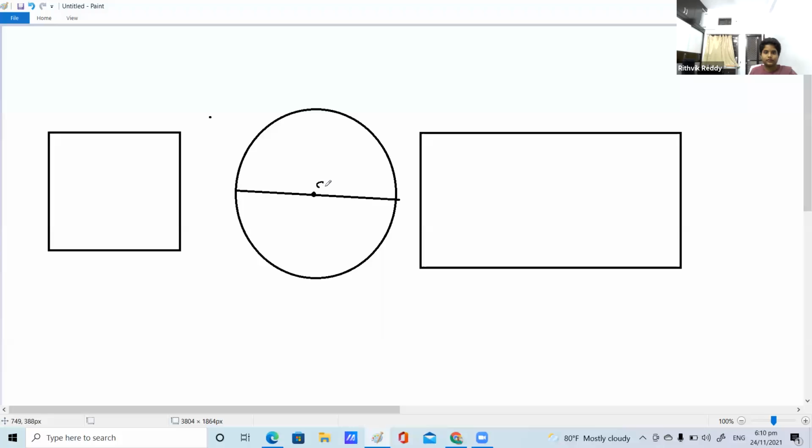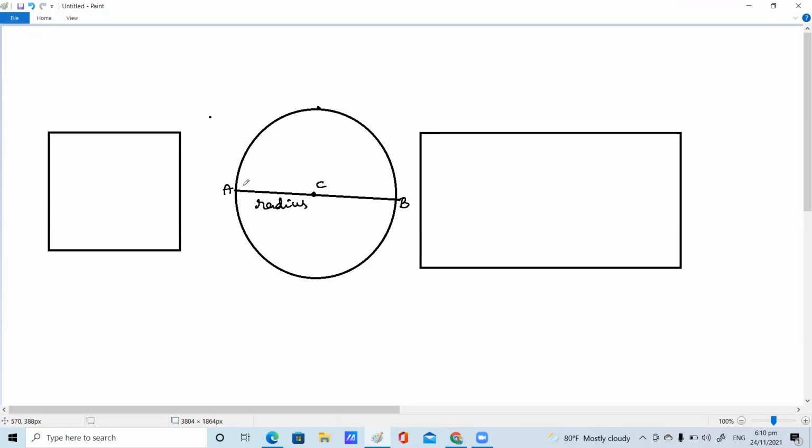Center, the center of the circle. So this AB runs from the center to any point on the circle. If you draw from here to here, what is this? Radius. This part is the radius.